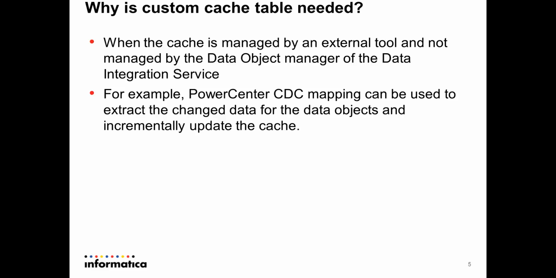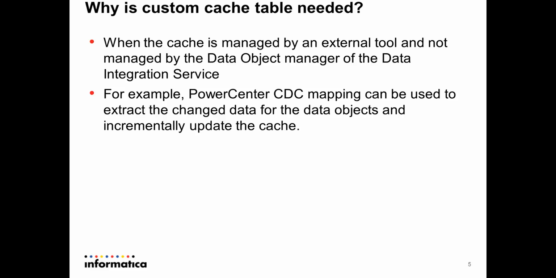For example, you could use a PowerCenter CDC mapping to extract the changed data for the data object and incrementally update the cache. So depending on the business requirement, you could use an external tool or a data integration service to manage the cache tables.